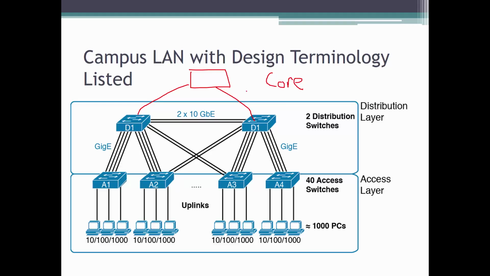The data center and all high-speed backbones are happening at the core. So if we use a campus for an example, each floor could have an access layer switch. Maybe each room had an access layer switch. And then every room on each floor will connect to a distribution switch. So there will be one main distribution switch per building. Each building connects to the campus core. That's a general design that's pretty popular.